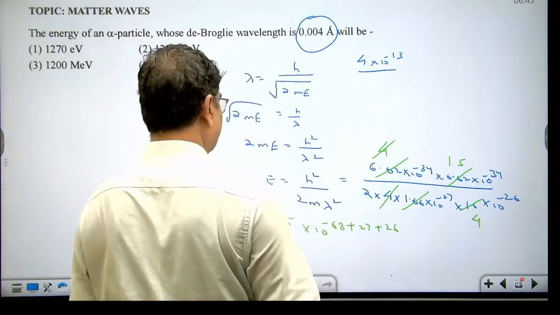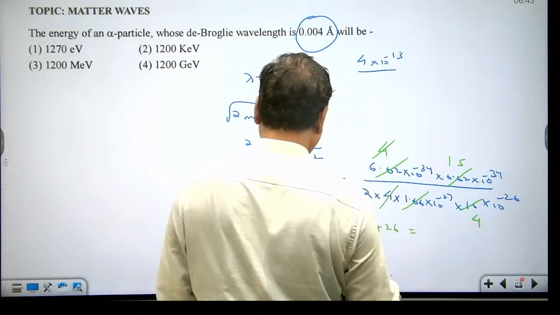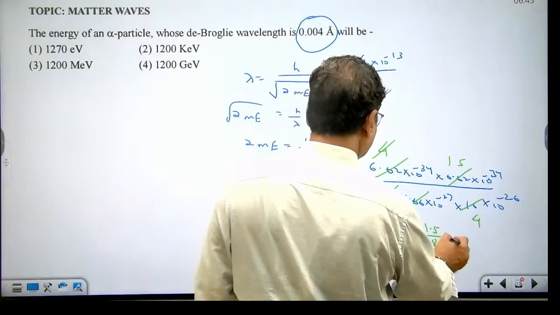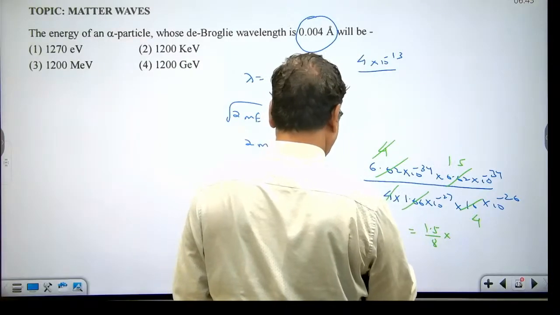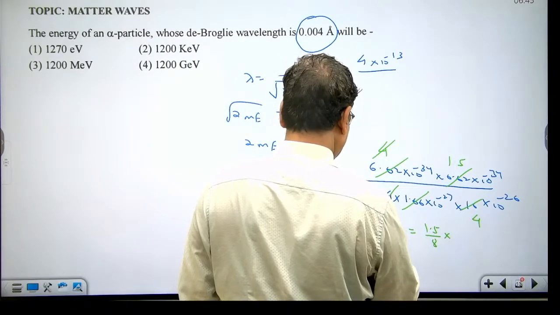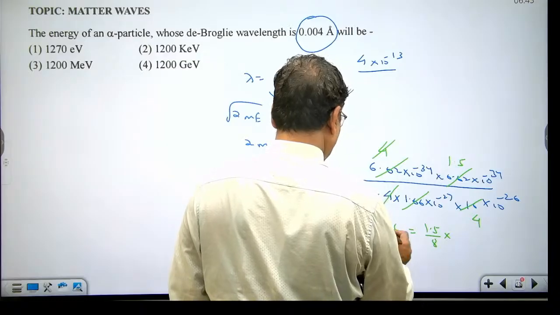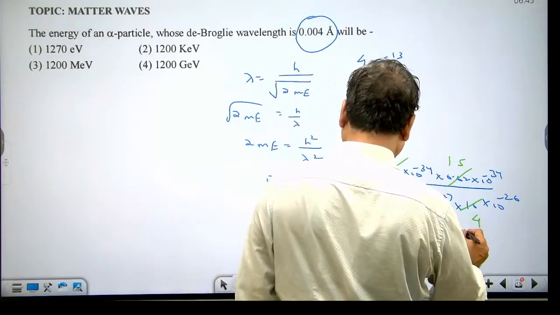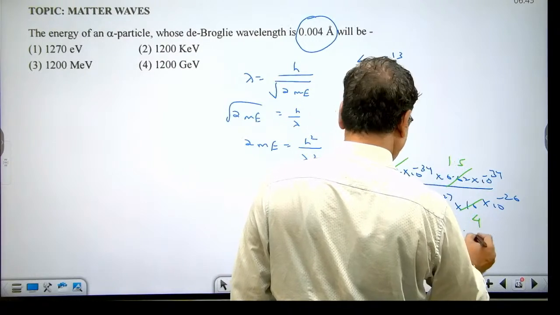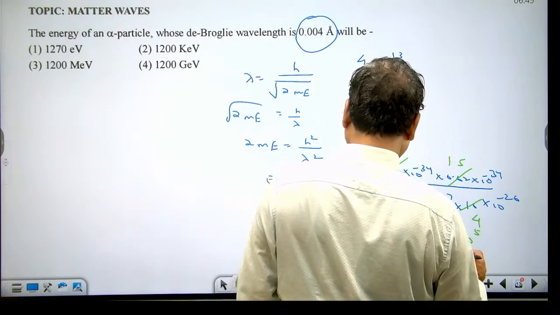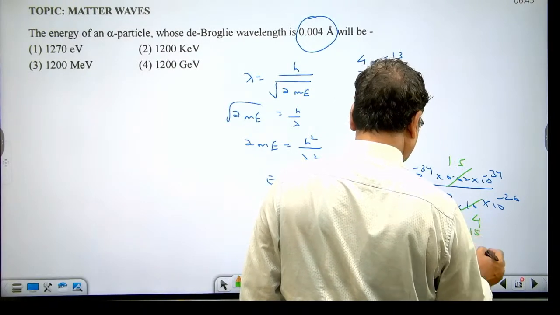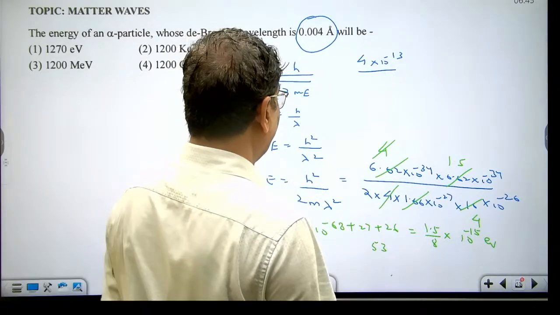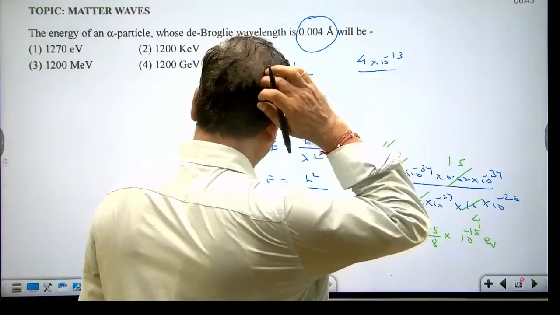Okay, this is the solution. Now we can see 1.5 upon 8 into 10 power 5 and minus 15 electron volt. So 1.5 upon 8 means approximately 0.2.